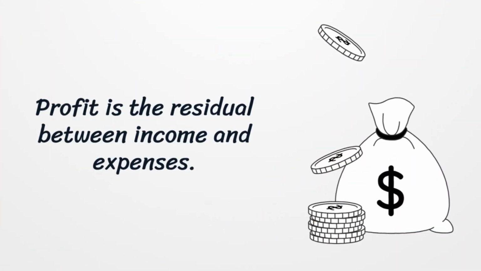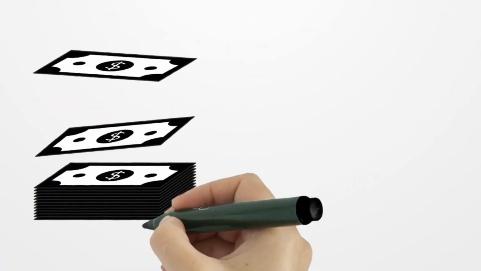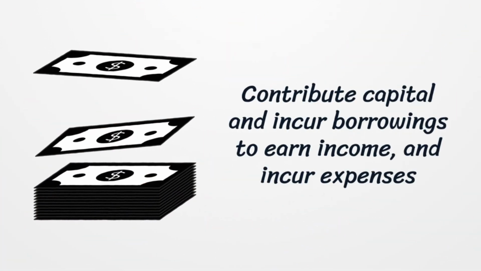The main existence of the business is to produce profits, and profits is the residual between income and expenses. For the business to produce these profits, the owner will contribute capital to the business. The business will use the capital contributed to buy some assets, and this may not be enough to keep the business operating.